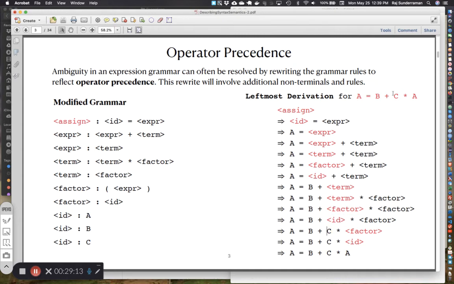So I reach this point in the derivation. And then finally this factor here will go to ID and will become an A. So you can see that there is a very deterministic path which prioritizes the times over the plus in this grammar. And this is the leftmost derivation.